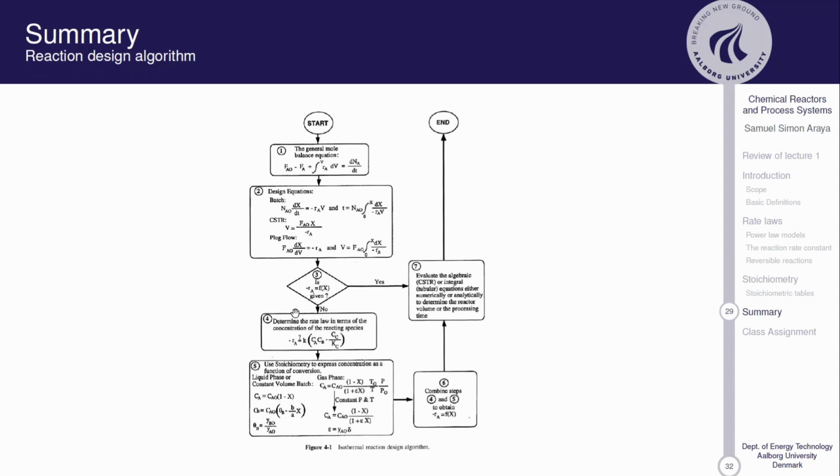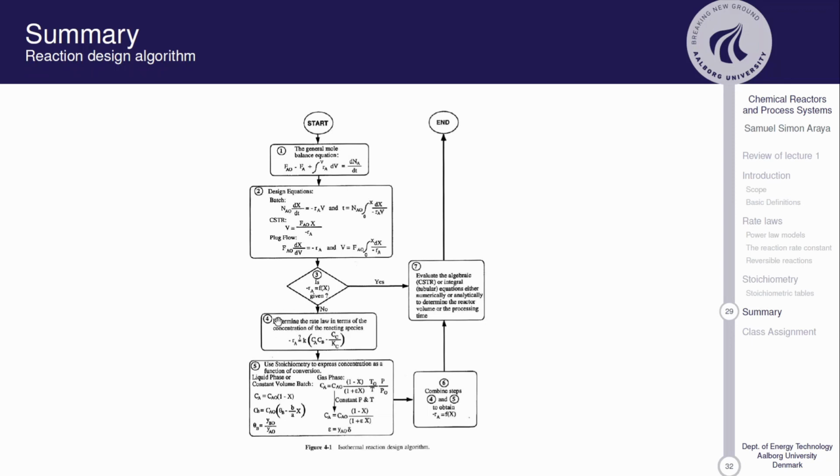But if we are not given the rate of reaction as a function of conversion, then we need to find that. In order to find that, basically what we do is we go to the rate laws, and the rate laws are determined either through power law, or we apply that to the specific reaction type that we're dealing with, whether it is reversible or irreversible reaction.